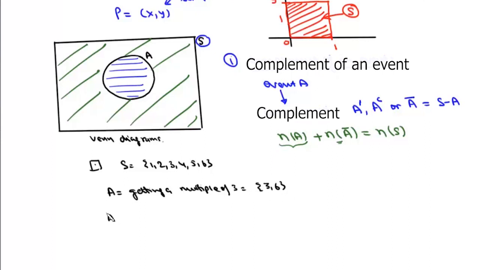Now in this case, A complement is not getting a multiple of 3. Here we'll have 1, 2, 4 and 5. So this is how we define the complement of an event.